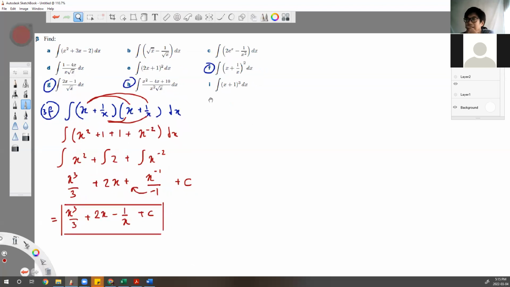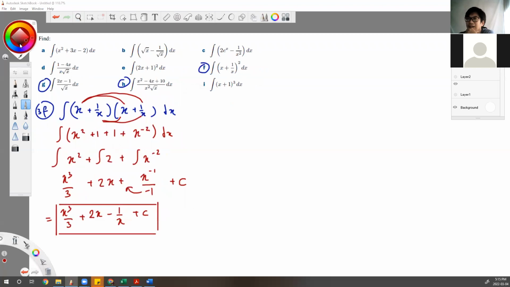Now G. We deal with the square root slowly. 2x over square root x minus 1 over square root x. Do you get the idea what I'm doing for question G? Yeah, so we need to separate the fraction.